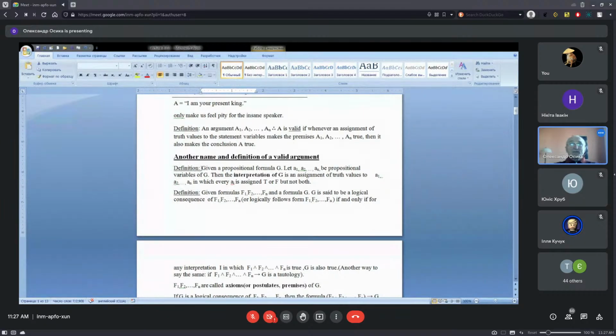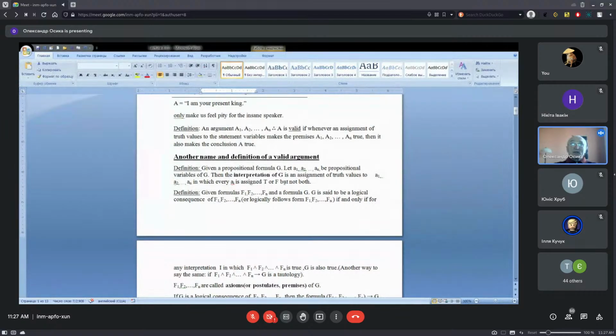Definition. Given a propositional formula G, and let A sub 1, A sub 2, A sub n be propositional variables of G. If it is a formula, then there are variables. Then the interpretation of G is an assignment of truth values to A sub 1, A sub 2, A sub n.